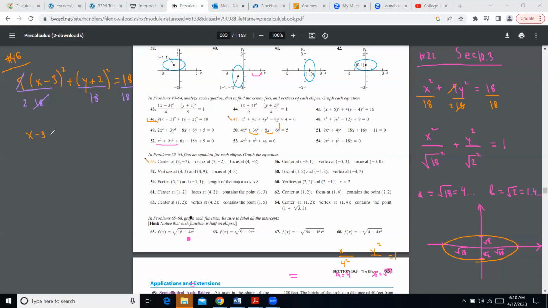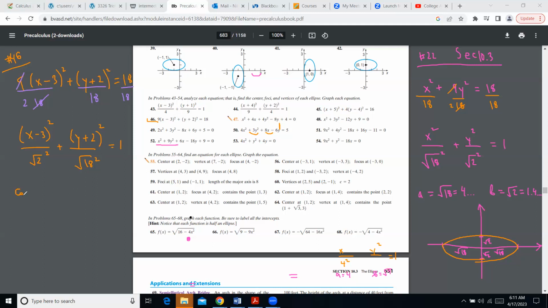So x minus 3 squared divided by square root of 2, which is squared, plus the numerator is y plus 2 squared in the parentheses, and we put a square root 18 squared. And this is equal to number 1.